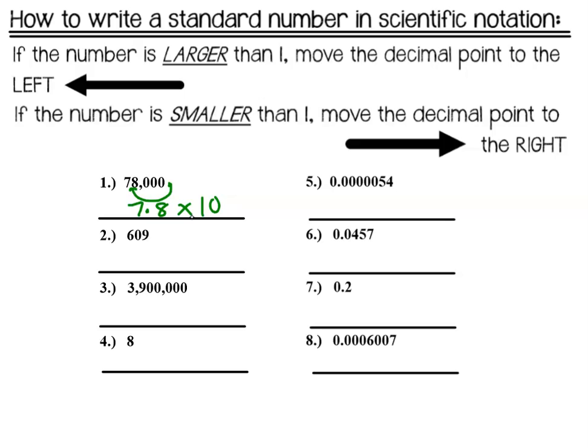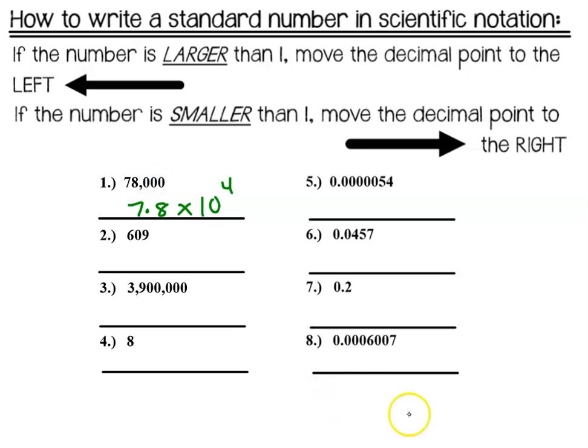The power is going to be chosen by determining how many digits you had to jump over to get the decimal between the 7 and the 8. We had to jump over 4. Now it's a positive 4 because my starting number was bigger than 1. See, that's a big number, and big numbers have positive powers.